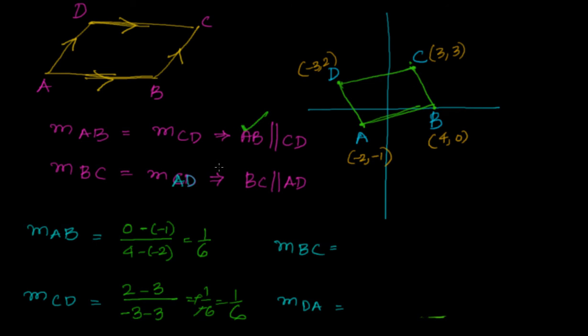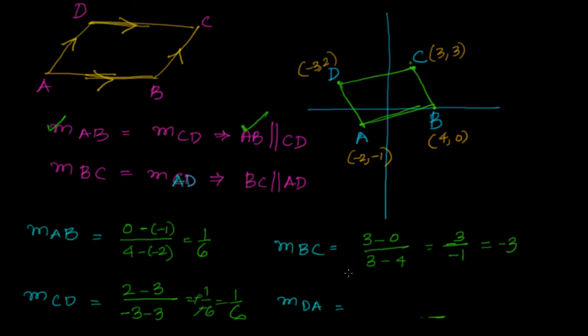So AB is parallel to CD because the slopes are the same. Now let's go to the slope of BC. It is y2 minus y1, that is 3 minus 0 by 3 minus 4, that's 3 by -1, which is equal to -3.